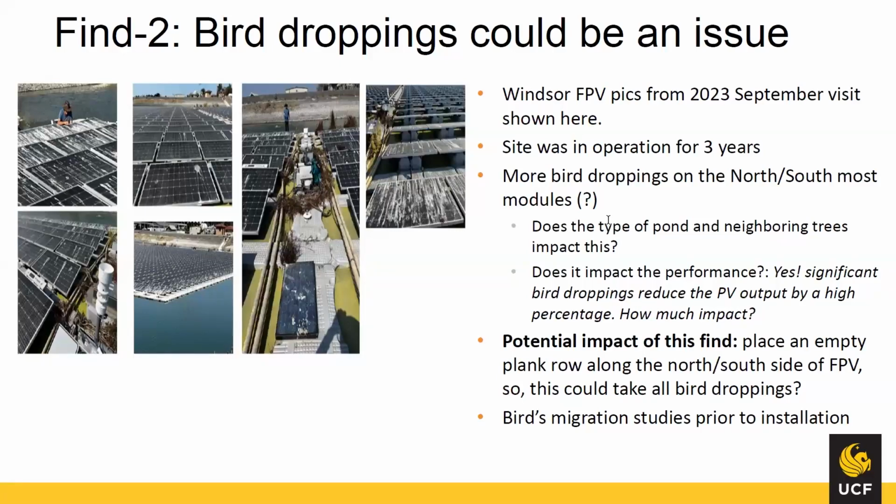Okay, how is it impacted by the trees surrounding the pond? What impacts the bird droppings? The question is, does it impact the performance? Yes, it does. Any level of bird droppings on the PV cells actually impacts. As I said, the PV cell is the smallest component.